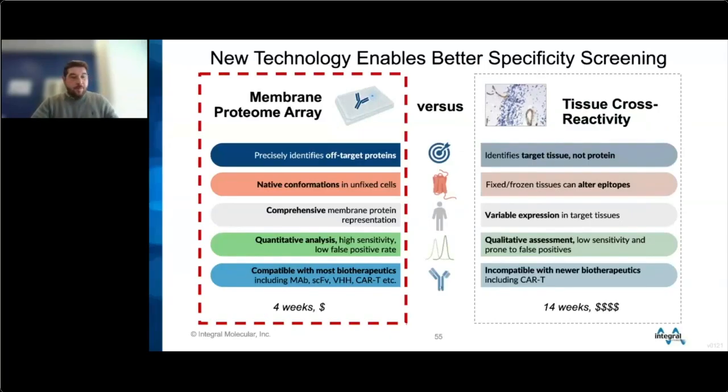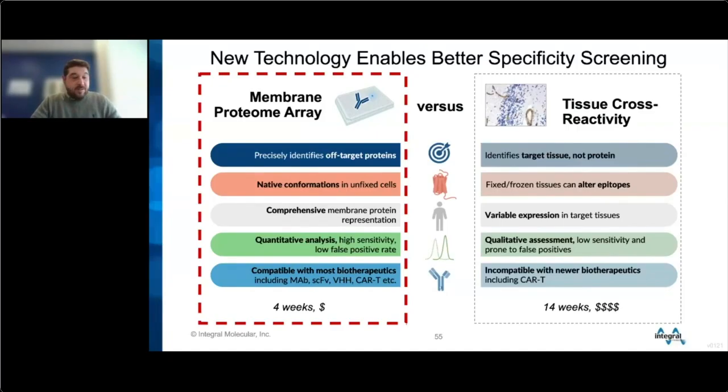So just to put everything in review here, our membrane protein array precisely identifies on a genetic level what these off-target proteins are. TCR, on the other hand, could only identify your target tissue and not the protein involved in the actual epitope.